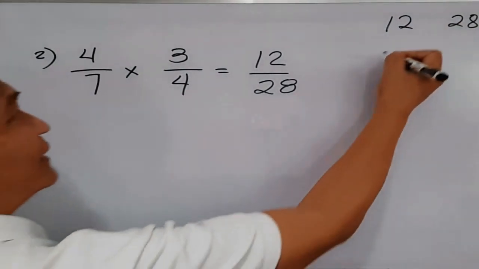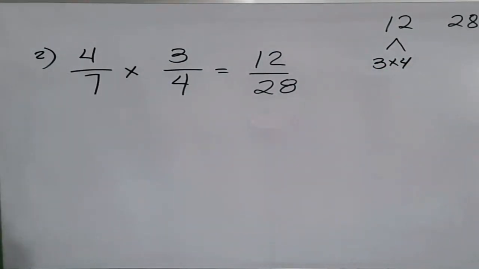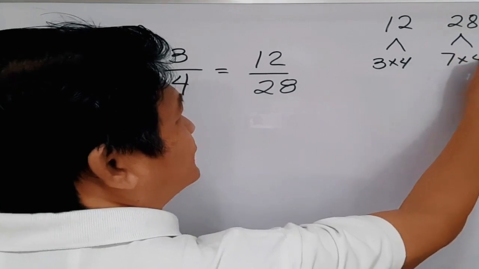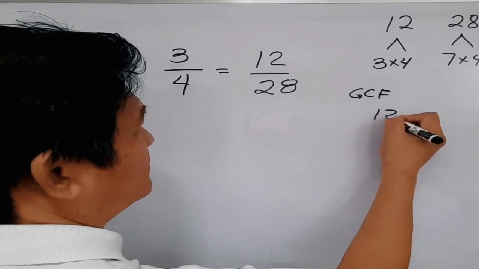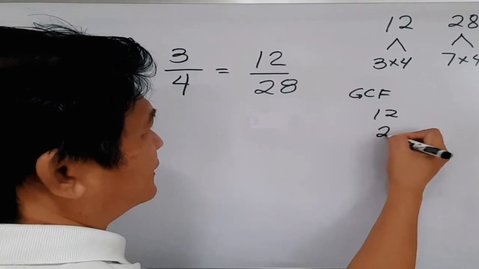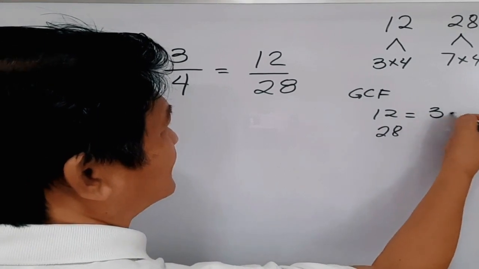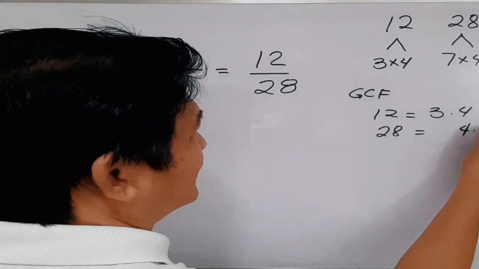Factors of 12 are 3 times 4. And factors of 28 are 7 times 4. Therefore, the GCF of 12 and 28, factors of 12 is 3 times 4 and 28 is 4 times 7.